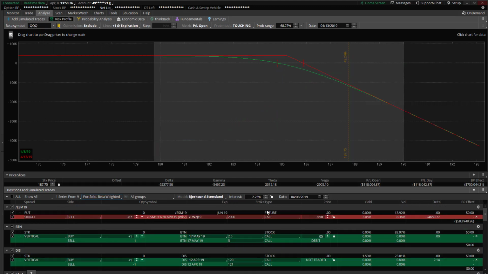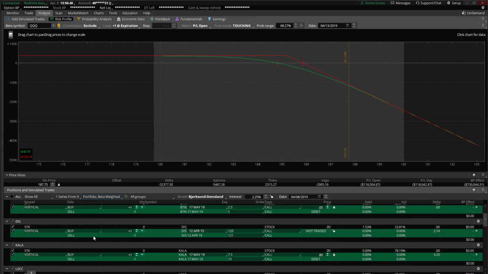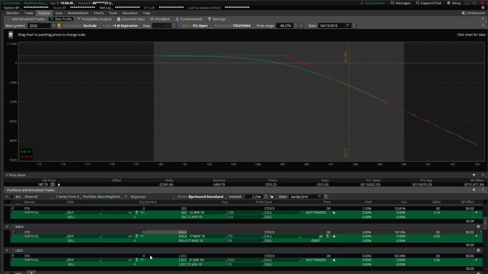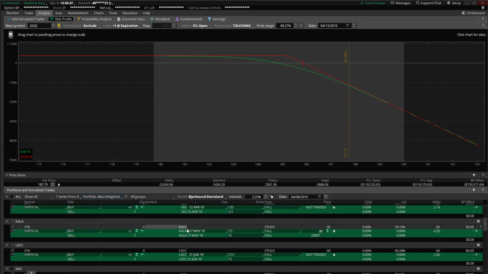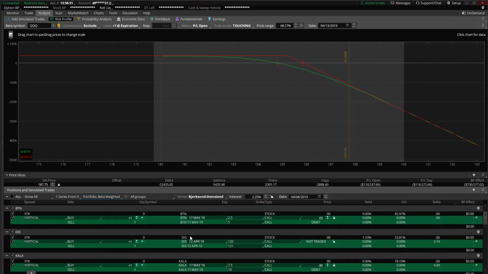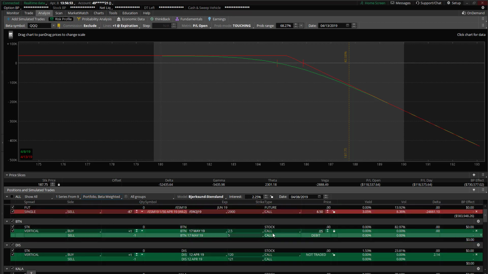So for an example, the Qs or futures products, right? Or anything else that we might build and apply down here. You can see I've got KALA, Disney, LSCC, BTN, different trades.